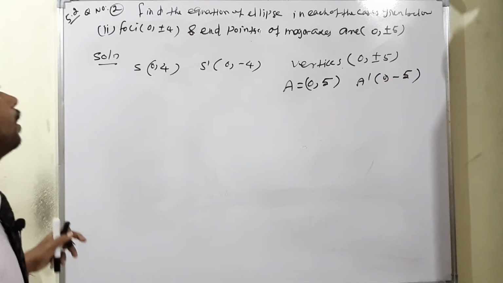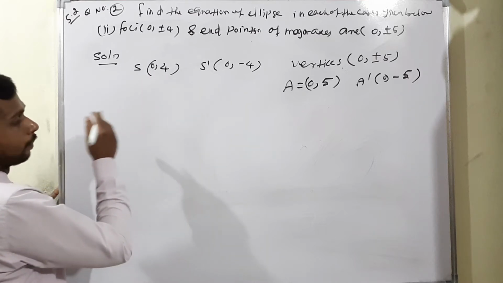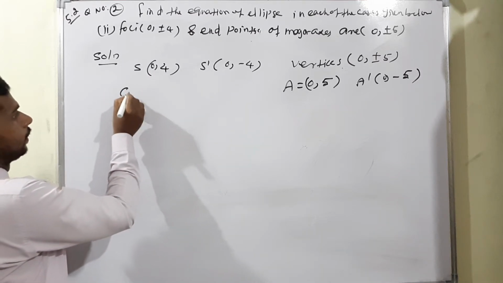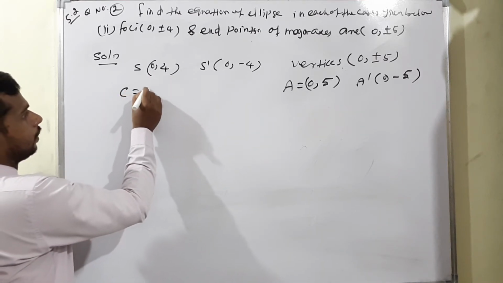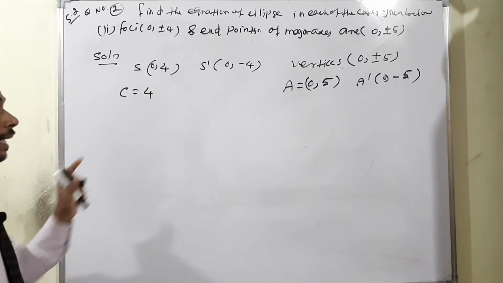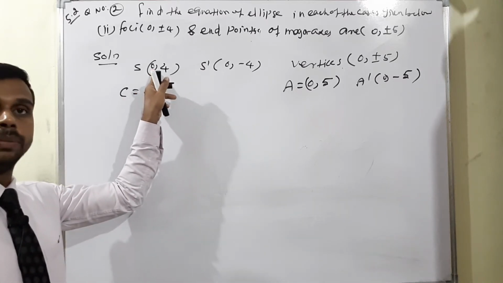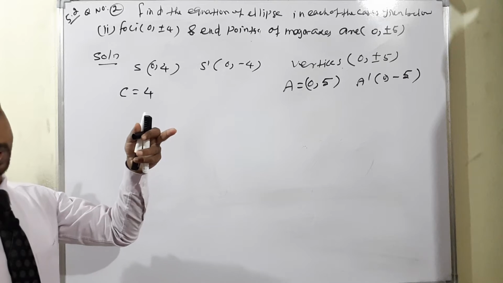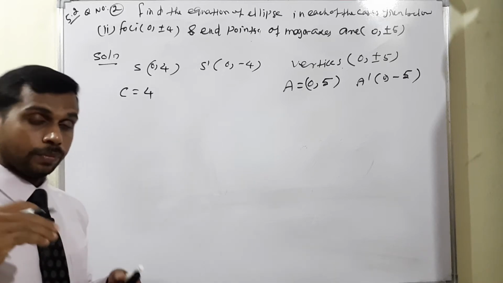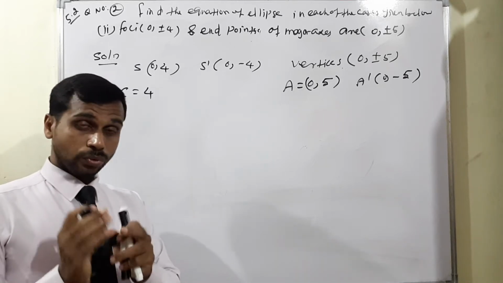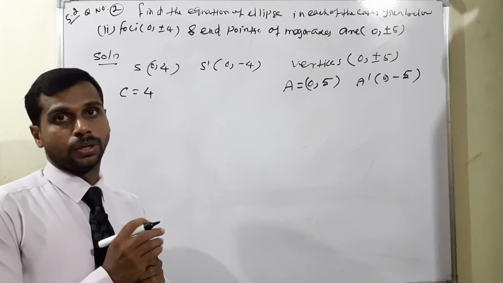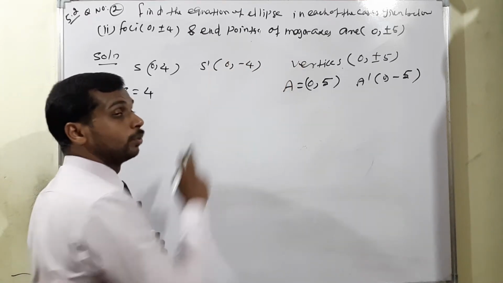Now look here. As we discussed in subdivision 1, the focus distance is called C. C is equal to 4. But here the major axis is along the y axis, because the x coordinate is 0, so the condition will also change. The y axis value is greater than the x value, because the major axis is along the y term.